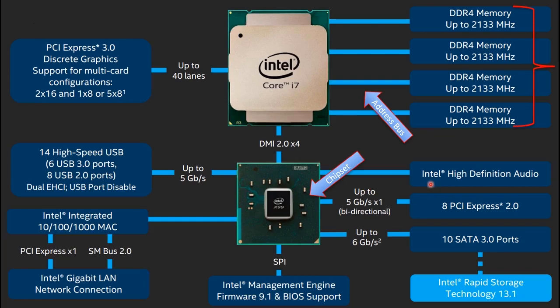So you have connections out for audio, the minor PCI Express slots, SATA, the USB ports, the integrated network connection, the firmware, the BIOS/UEFI, and so on. So your chipset takes care of all those secondary connections, and it has a main connection to the CPU via the DMI, or Direct Media Interface bus.